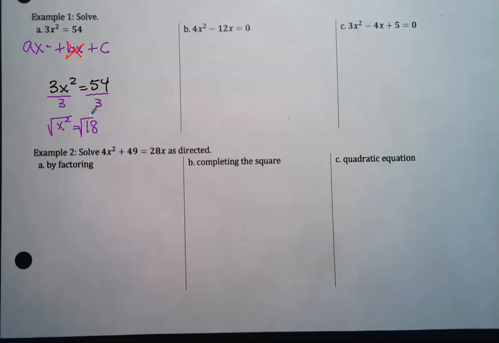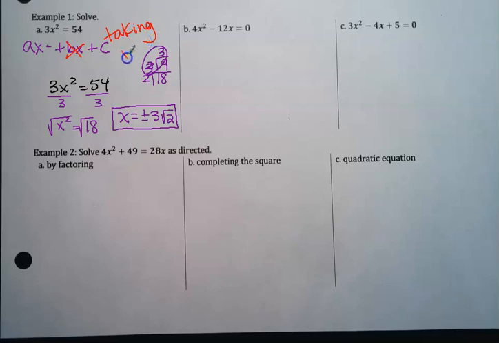We take the square root and we get x equals plus or minus, and we need to do some math here. 18 divided by 2 is 9, divided by 3 is 3. So this is equal to 3 times the square root of 2. So x is equal to plus or minus 3 times the square root of 2. Again, we're solving by taking roots here.